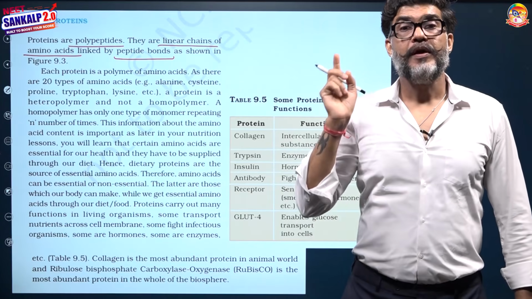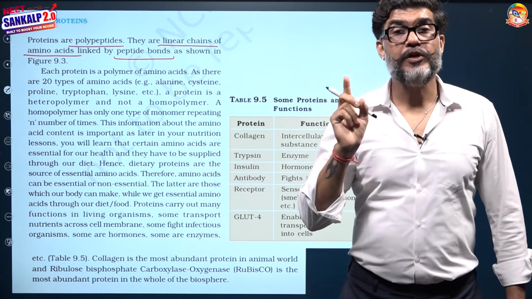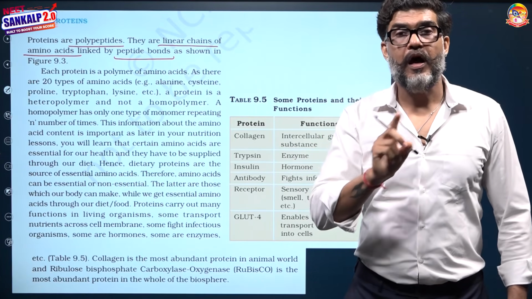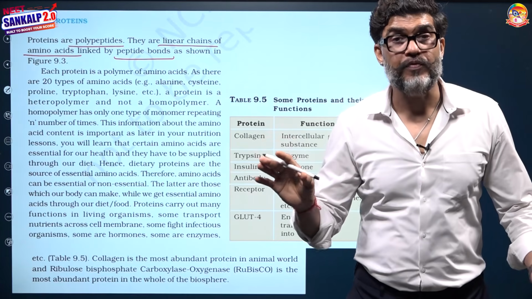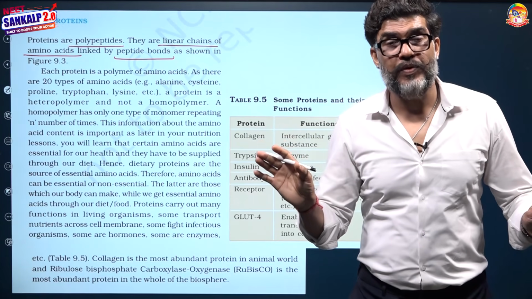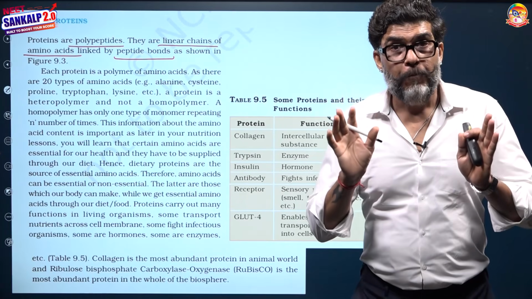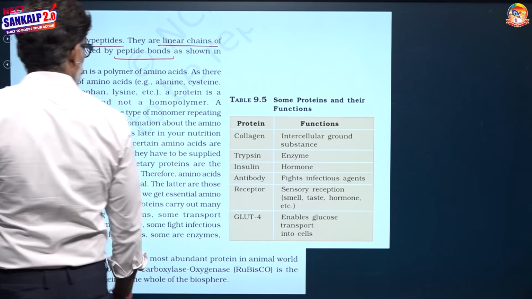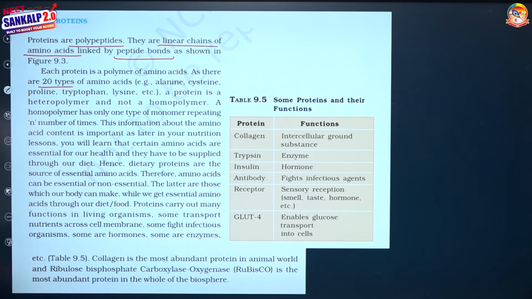One more point: proteins are heteropolymers, means the units taking part in protein formation are not identical. They are 20 different types of amino acids, so they are considered to be heteropolymers. Each protein is a polymer of amino acids. Around 20 types of amino acids take part in protein formation.